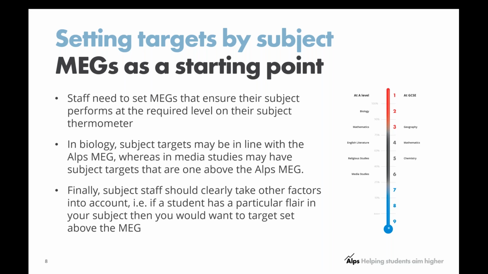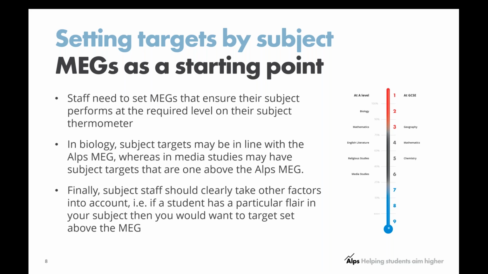If you're a Pixl school, then you're possibly familiar with the Alps +1 mantra. It doesn't mean that you necessarily target set everyone 1 up from the MEG, because you have to understand that thermometer, okay? And the last bullet point there is reiterating what I said at the start. Every student in front of you is an individual, and therefore there may be other factors you want to take into account other than my mathematical calculation.